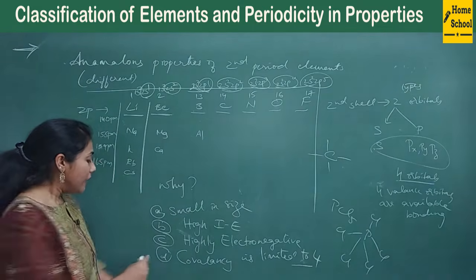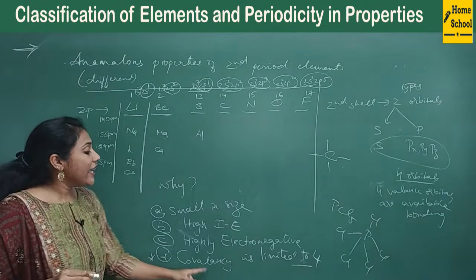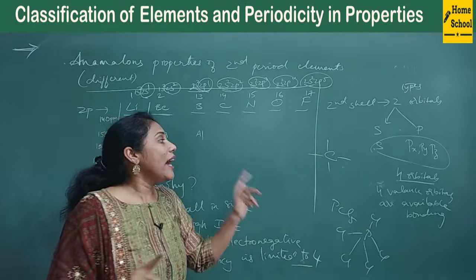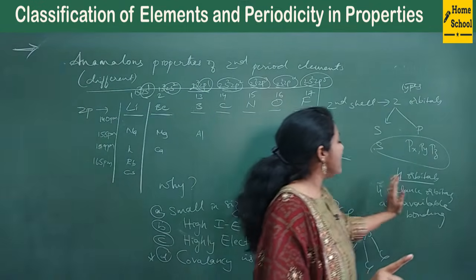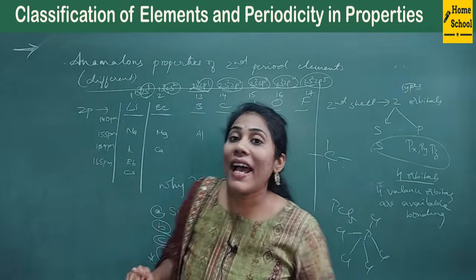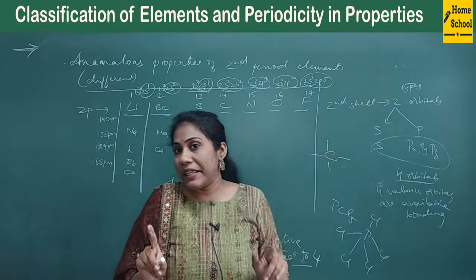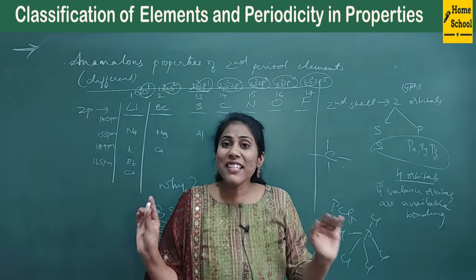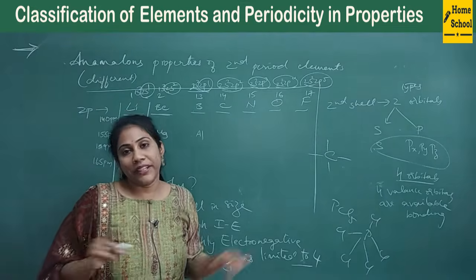And the fourth one, very important, their covalency is limited to 4. That means you have only 4 valence orbitals available for bonding. You don't have d orbitals in them. Is that clear? So this is why they are different.